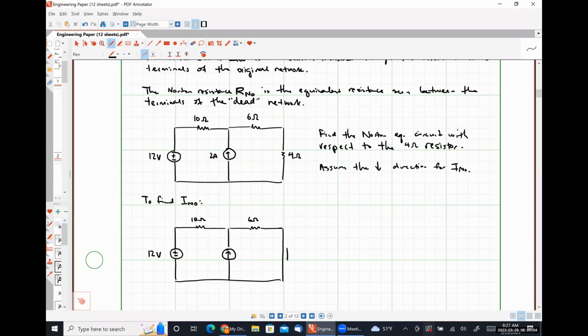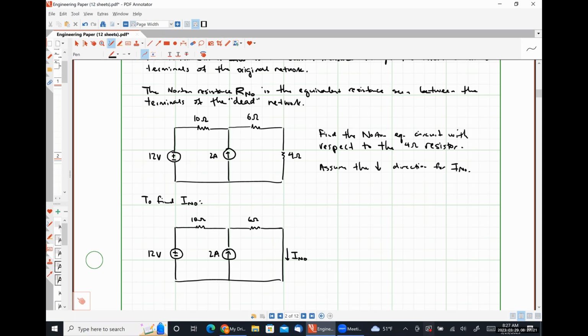And our Norton current is simply the current flowing through that short. So how are we going to solve for this current? And the short answer is however we feel like. We can use any circuit analysis technique that we want.